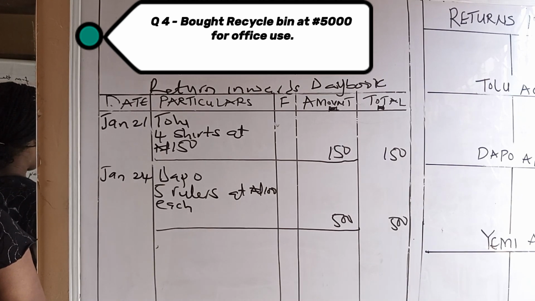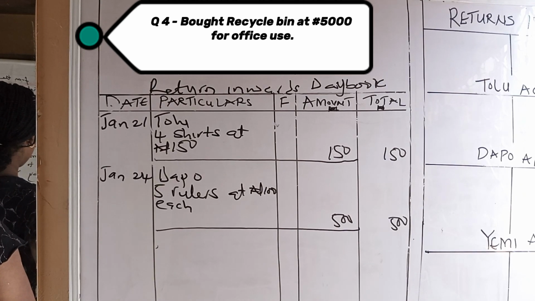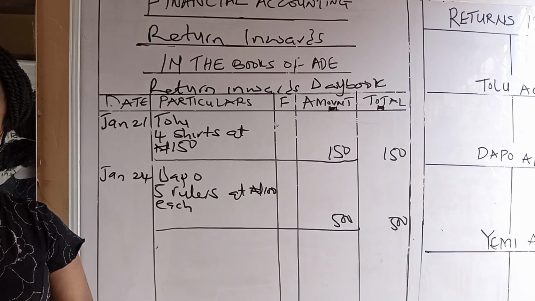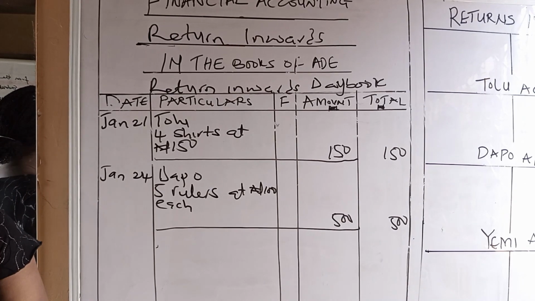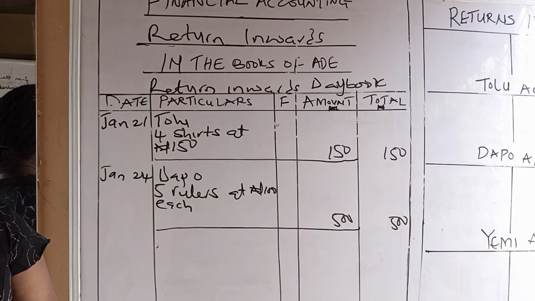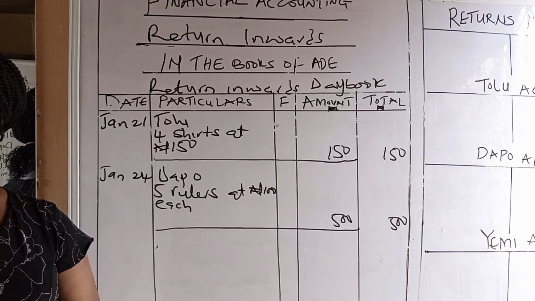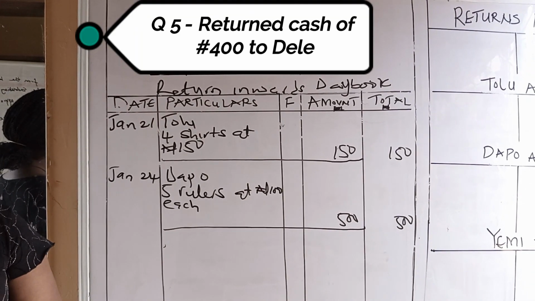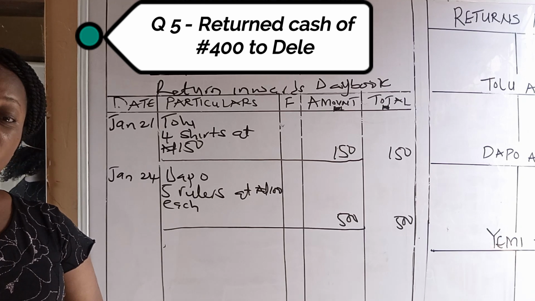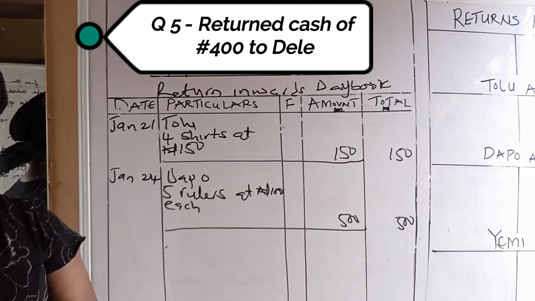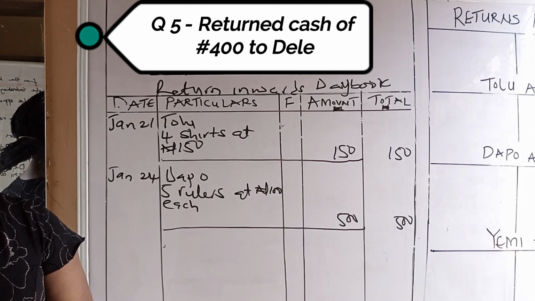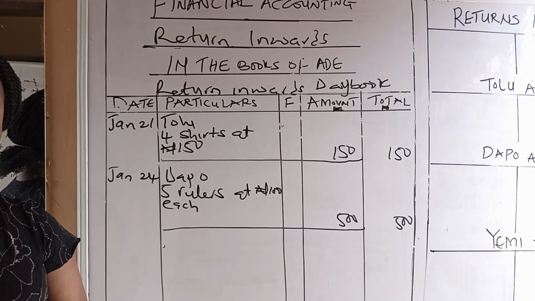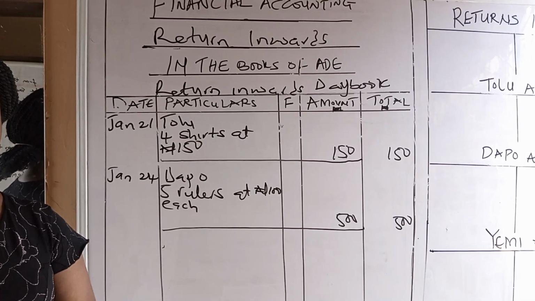On the 25th of January, bought recycle bin at 5,000 naira for office, cash from office. That's equally a cash transaction, and it will not be recorded in the return inwards day book. January 25, returned cash of 400 naira to Dele. Although it was cash that was returned to Dele, it wasn't goods, and as a result that's a cash transaction, so it will not be recorded in the return inwards day book.